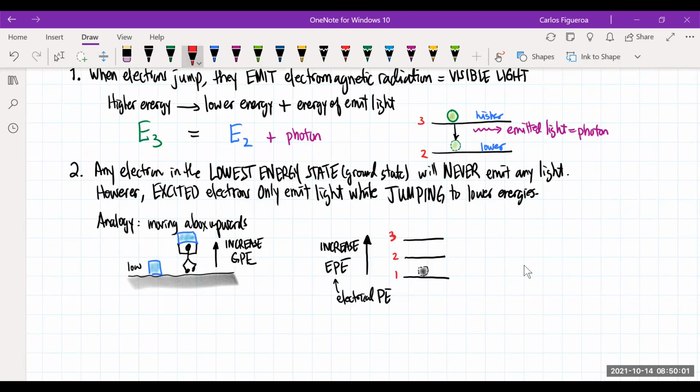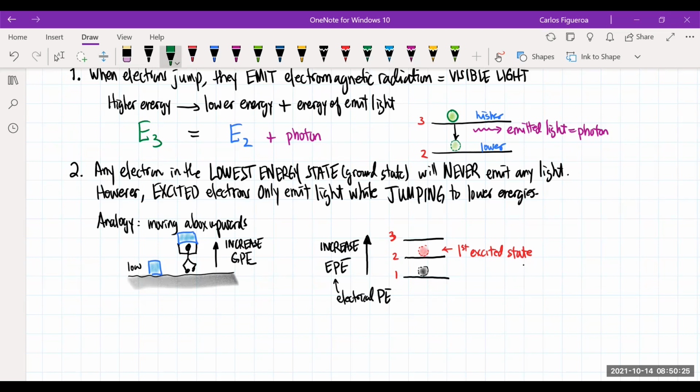As the electron moves up, this one is higher energy. So because this is at a higher energy, this is the first excited state, which is the second lowest energy.